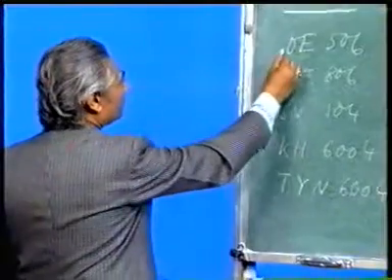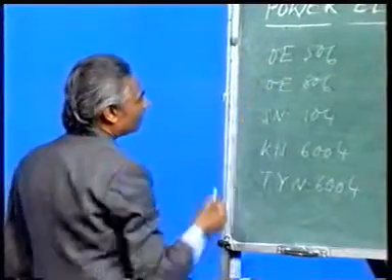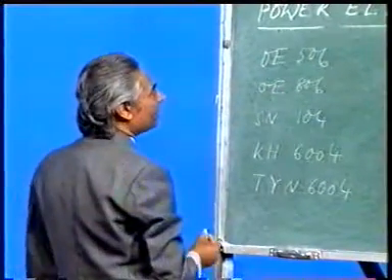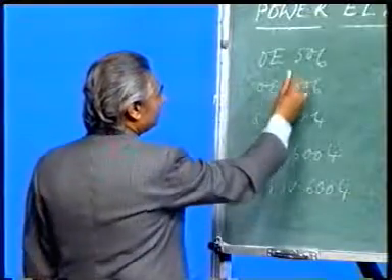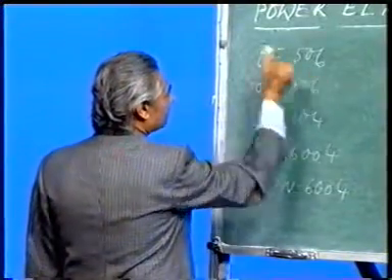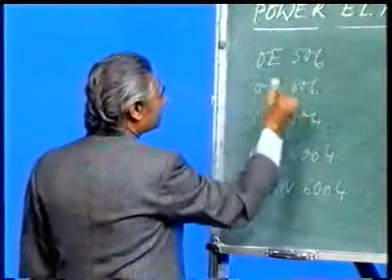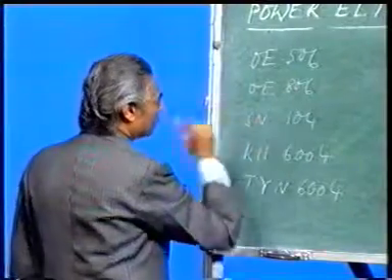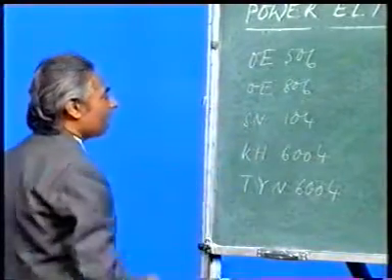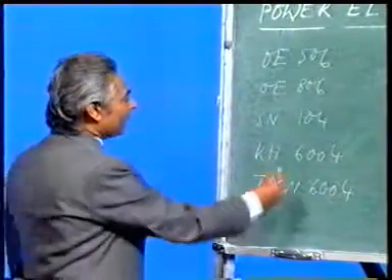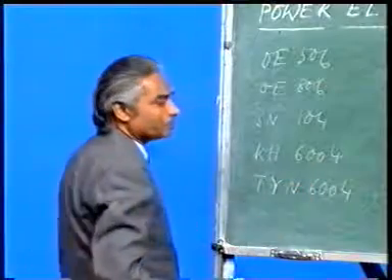Now the first three of the SCRs are all metal pack SCRs, and this is meant for 5 ampere 600 volts, this is 8 ampere 600 volts, this is 1 ampere 400 volts, and these two are plastic pack SCRs, they are 4 amperes and 600 volts rated.